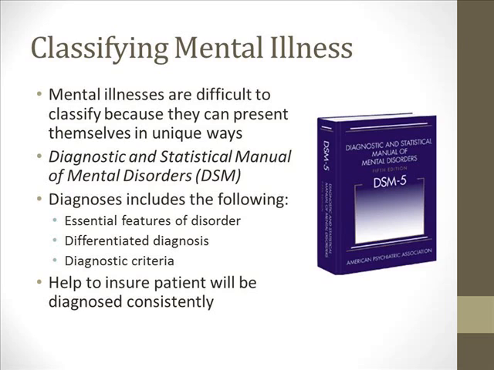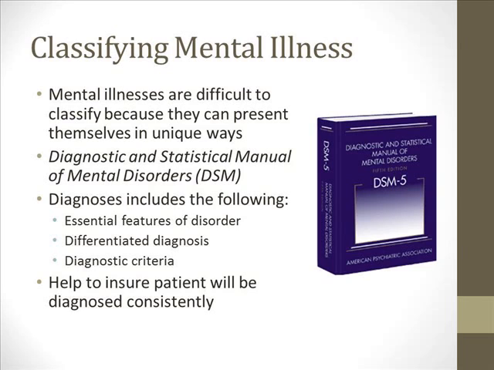The DSM is actually being rewritten, and the new edition is number 5, and it's coming out very soon, and it will change a little bit. But generally what the diagnosis in the DSM does is it tries to look at what are the essential features of the disorder. So what are the things that outwardly present themselves that we can take a look at? What are some differential diagnoses that we might have? So what are some things that we could improperly diagnose somebody with?